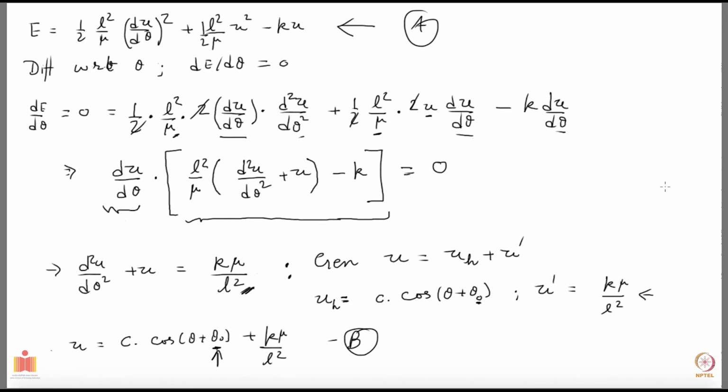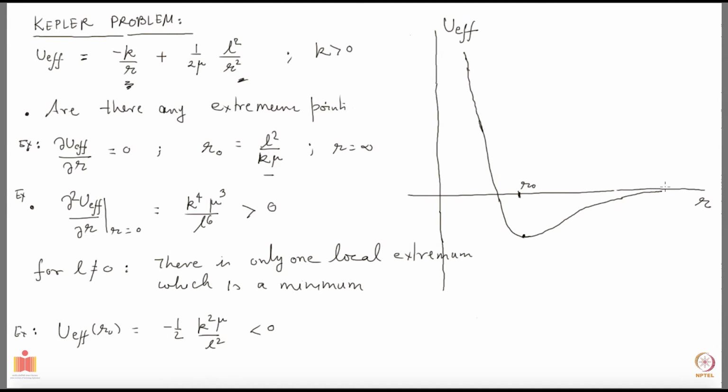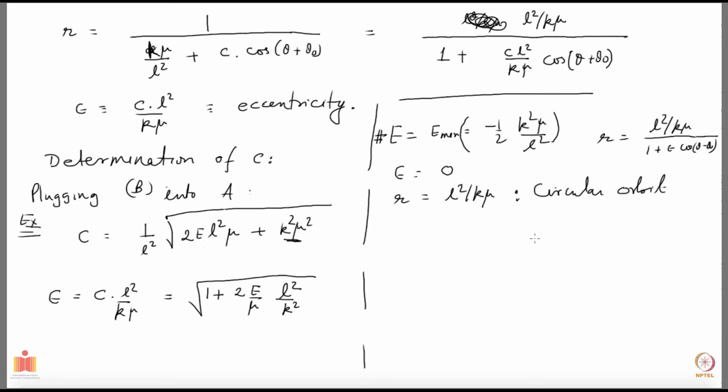This is consistent with what you already knew: if energy is equal to U effective minimum, then there is only one value of R which is allowed. So your particle mu is moving in a circular orbit, which confirms that the algebra we have done is correct.